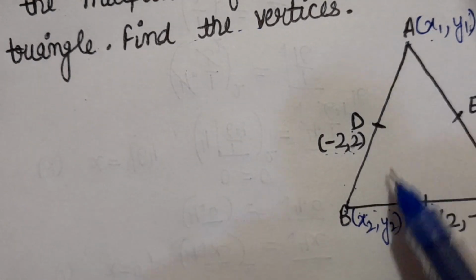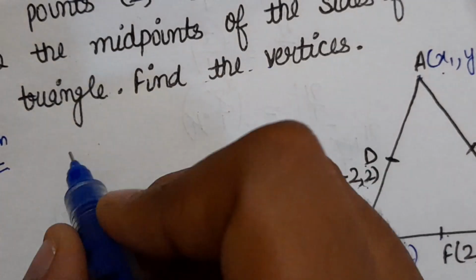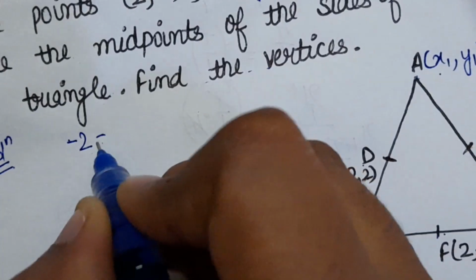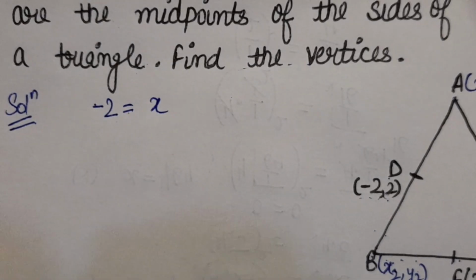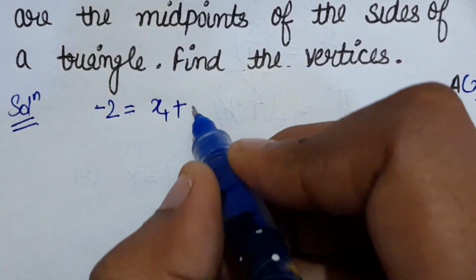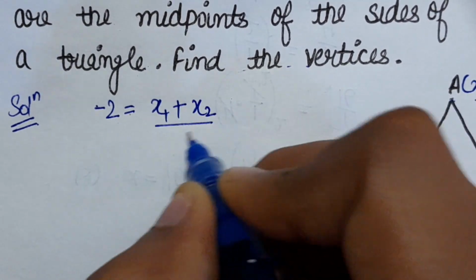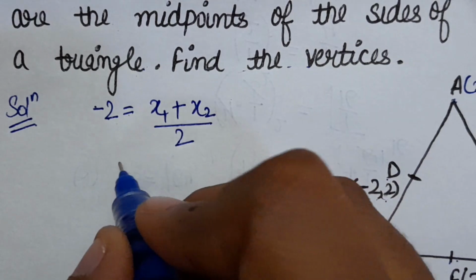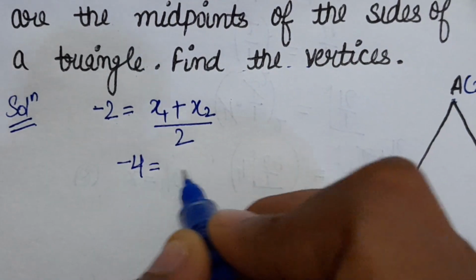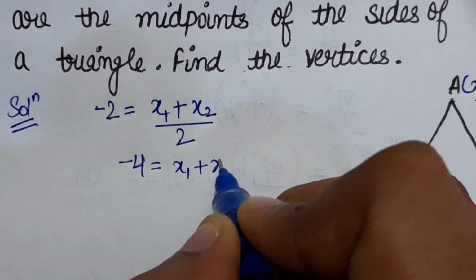So we can write it as -2 is (x1 plus x2) by 2. Taking 2 to this side, it becomes -4 equals x1 plus x2.